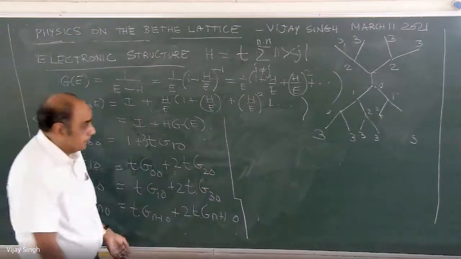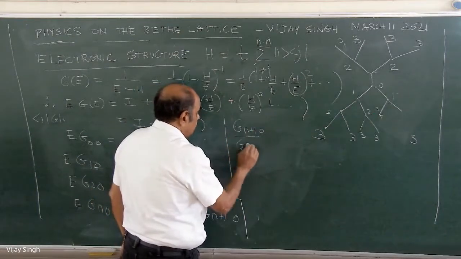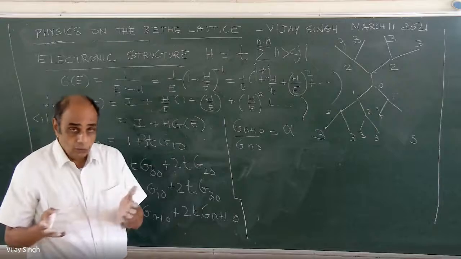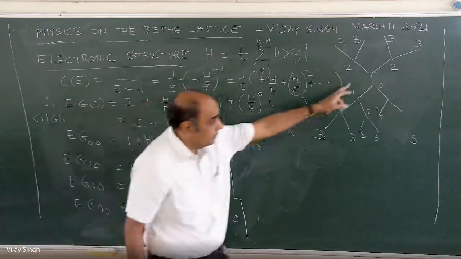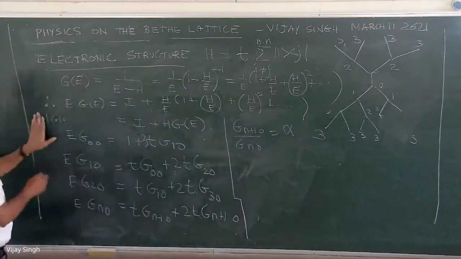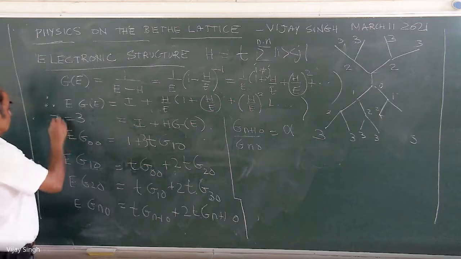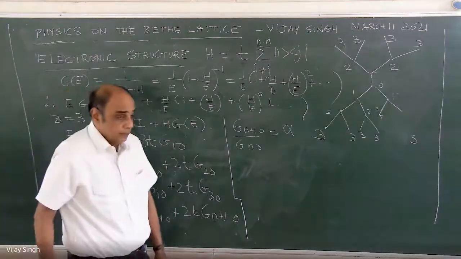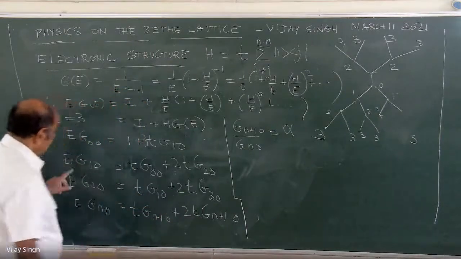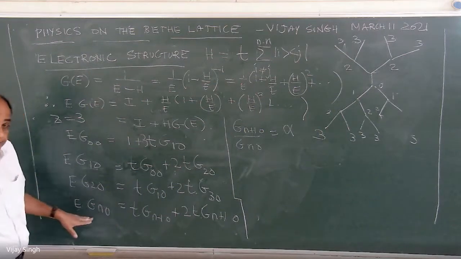Now I suggest that G n plus 1 0 by G n 0 be put as a quantity alpha. This alpha can depend on Z, but I've decided that I'm going to do it for the Z equal to 3 Bethe lattice, which I did not specify, but I should say it here: Z is equal to 3. So it will depend on T, of course, and it will depend on E. If I do that, look at this term.